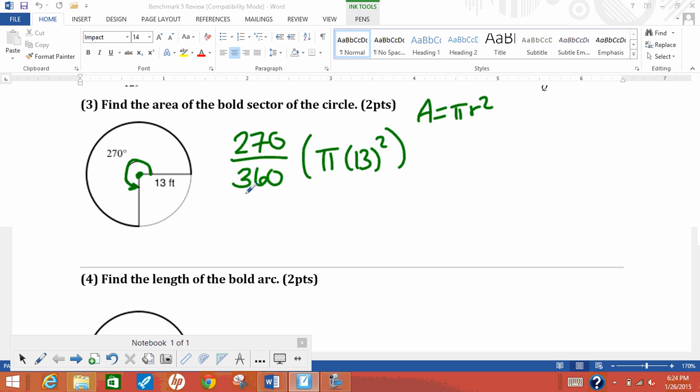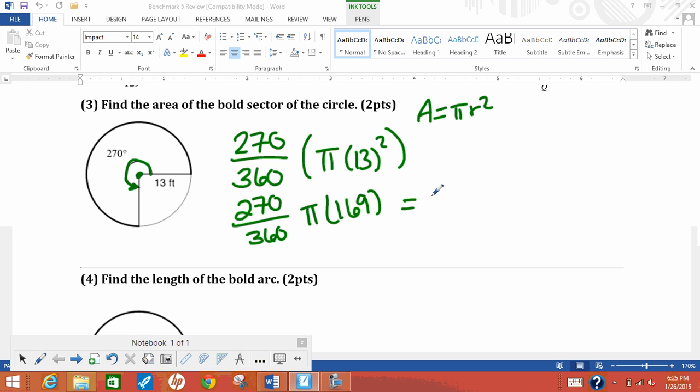We can do some simplifying, 270 over 360. We'll simplify that in a minute. 13 squared is 169. Now we can multiply 270 times 169 and divide by 360.